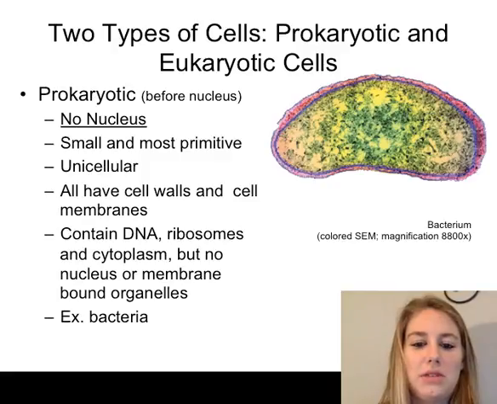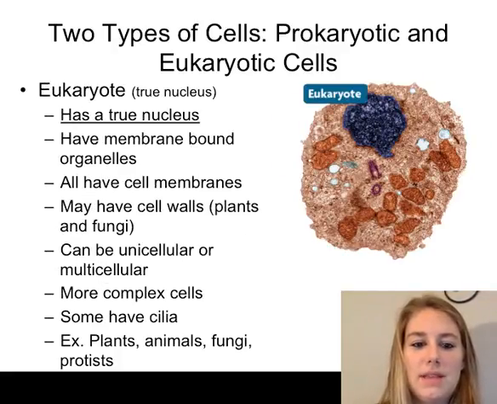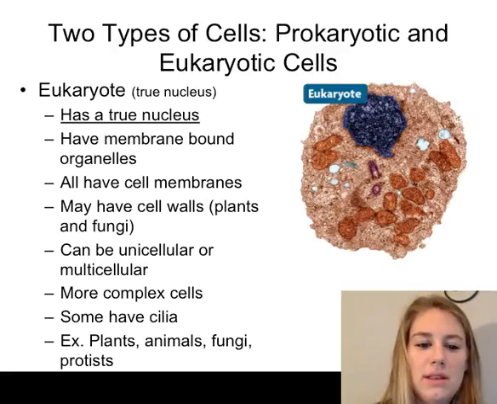Right? So all the bacteria we see are prokaryotes. The second type are eukaryotic cells, or they have a true nucleus, right? This dark material right here, this is the nucleus. They all have membrane-bound organelles. They also have cell membranes, just like prokaryotes, that go around the cell.